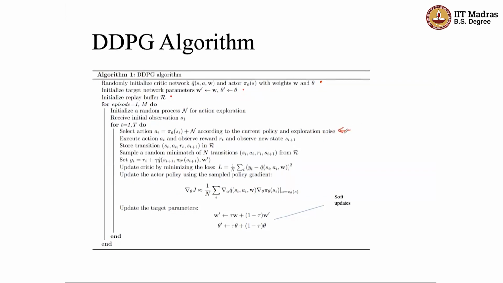You select a noisy action. So you basically get the action suggested by pi theta, add noise, and then you get the actual action that you perform, right? And then you put that actual observation you saw, s_t, a_t, r_t, and s_t plus 1, in the replay buffer, right?